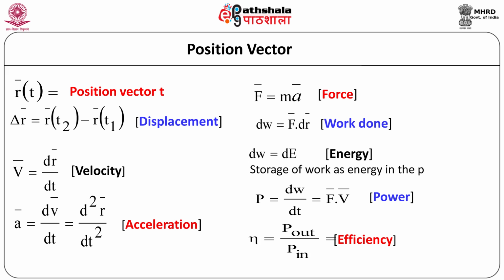One more differentiation gives acceleration a bar, which on multiplication with mass gives force F bar. Scalar product of force and displacement gives information about the work done. The work done remains stored in the particle as its energy. Time rate of change of work done gives power, which can be related with prediction of efficiency.